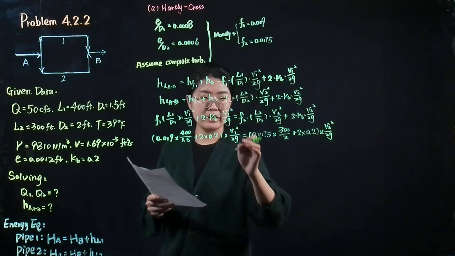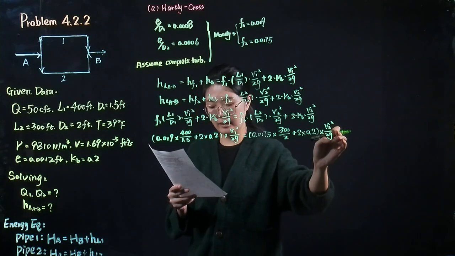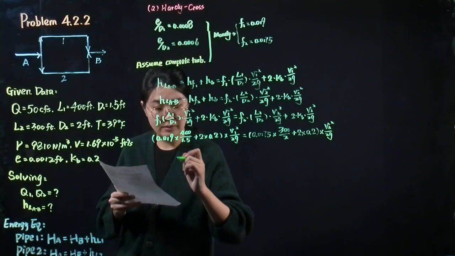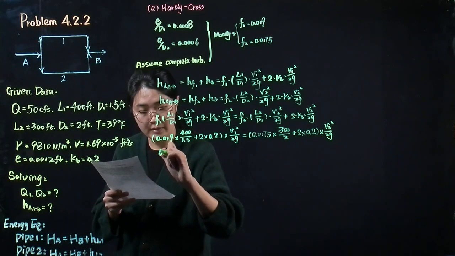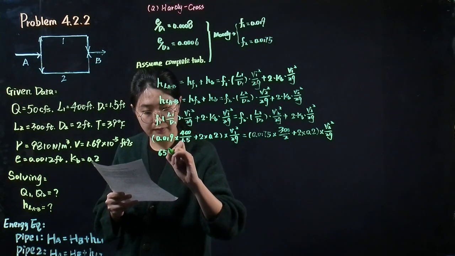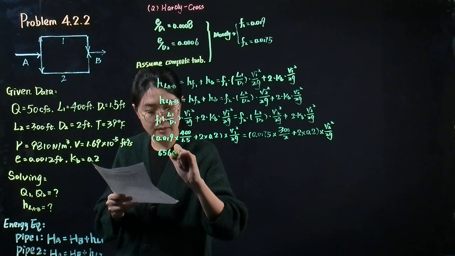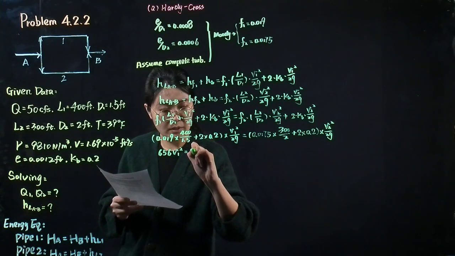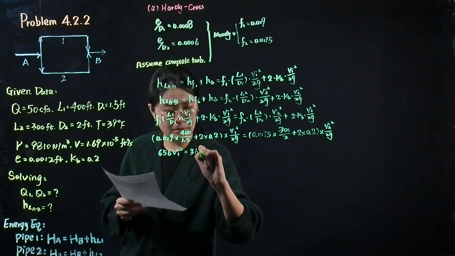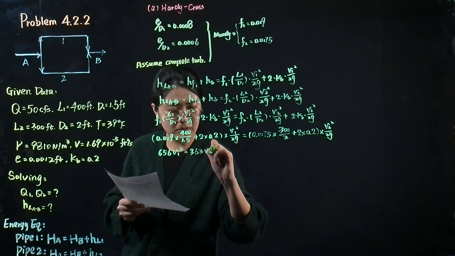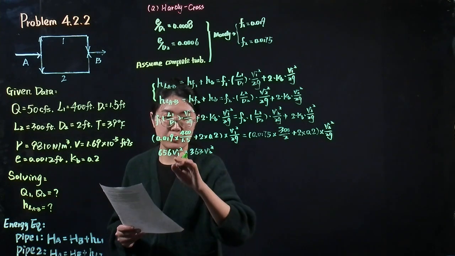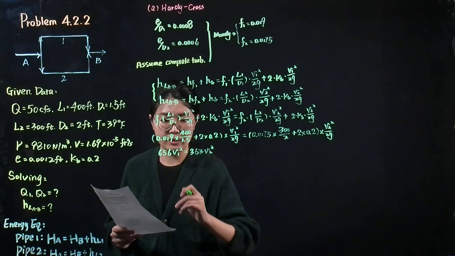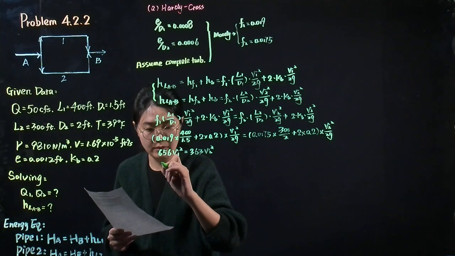Then we can get a relationship between V1 and V2. We get 656 V1 squared equals 363 V2 squared.